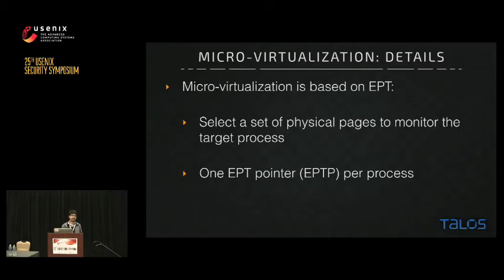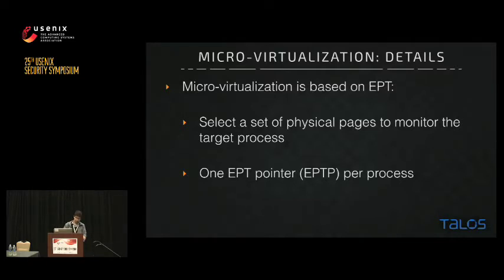In more detail, Micro-Virtualization is based on the Intel hardware-assisted virtualization features, VT-x, and in particular it heavily relies on the extended page tables feature. At process creation, our system selects a set of physical pages that are related to the paging structures, and we monitor only these particular pages when the process is actually running.